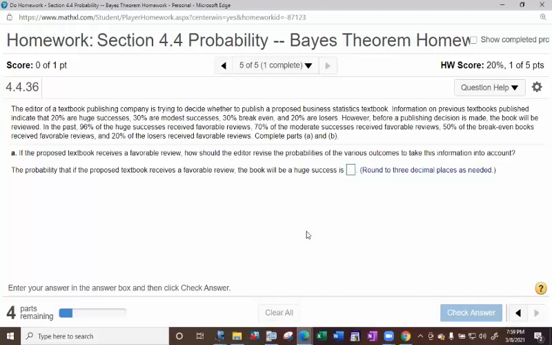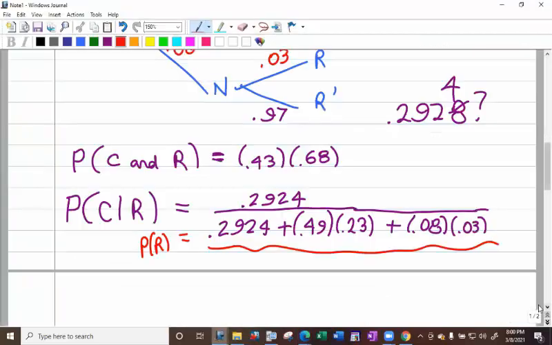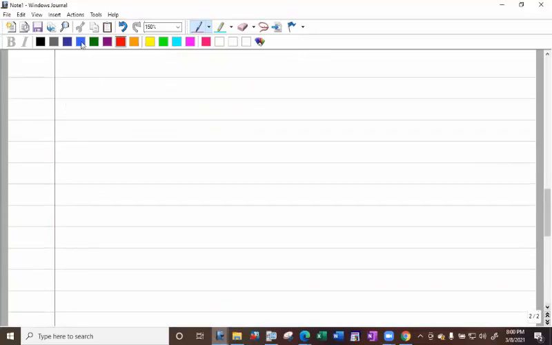Textbook. So, this one's got 4 branches on the first go around. Yikes. Well, okay. Just more tedious. Yeah, I remember this one now. Huge successes, modest successes, break even, losers. So I'm going to use H, M, B, and L. All righty.